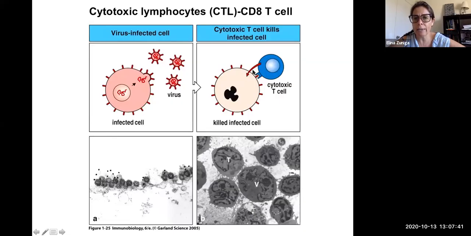And now the cytotoxic effector CD8 T cells, which have already acquired the capacity to kill because they are effector cells, will recognize this pathogen glycoprotein, or another protein, and will be able to kill the infected cell, okay?